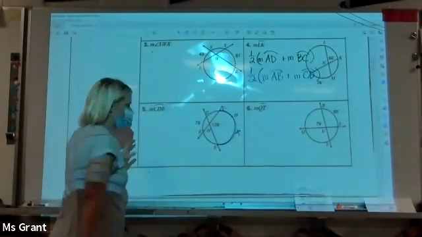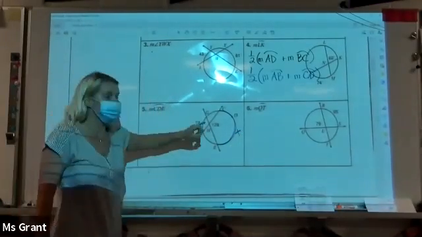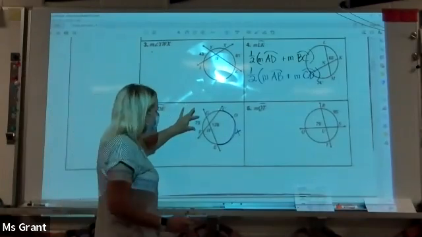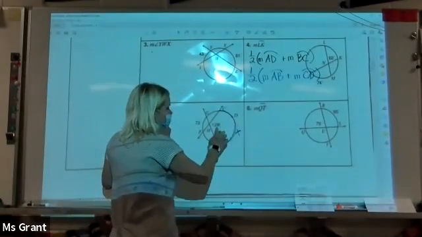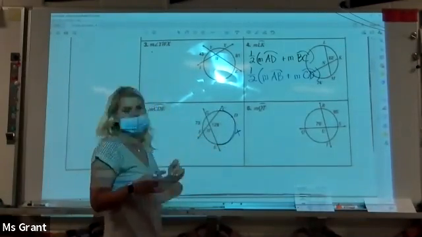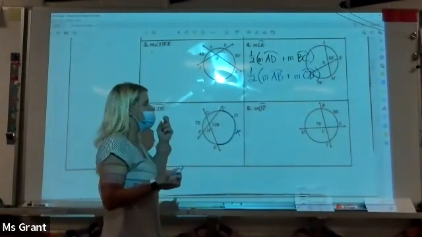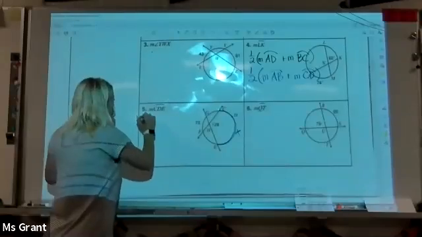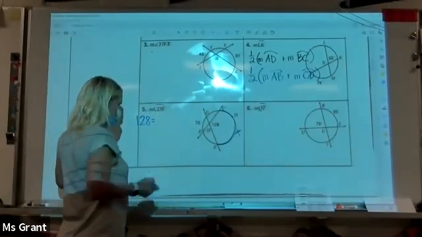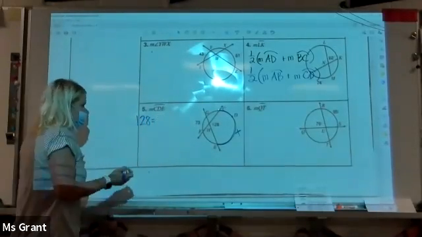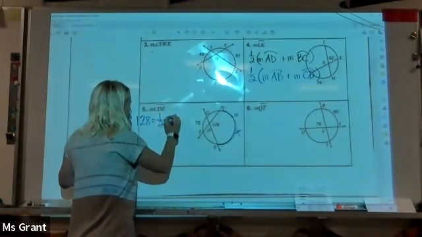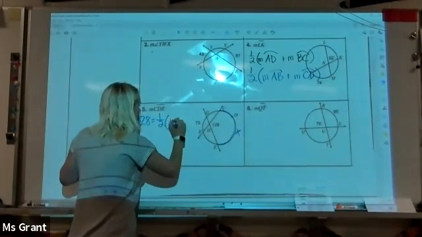So remember, 73 plus this arc, cut in half, equals 128. So I'm going to say that 128 equals half of 73 plus x.